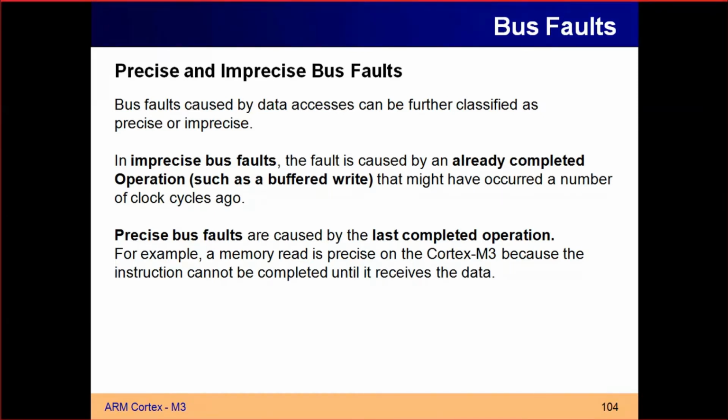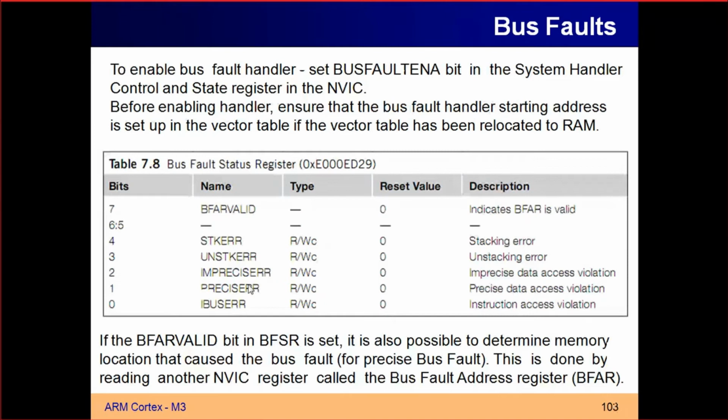There will be a write buffer which will perform the writing operation, and the processor can do something else. So if some error occurs during the buffered write operation before it is completed, that is classified as an imprecise bus fault, right? So these two bits are also present in the bus fault status register.